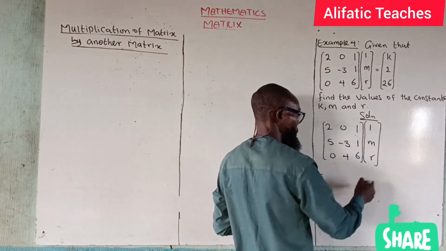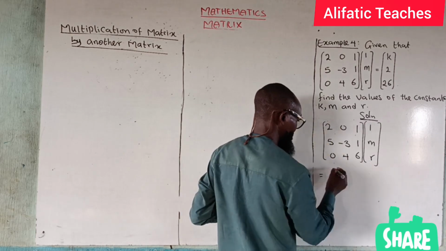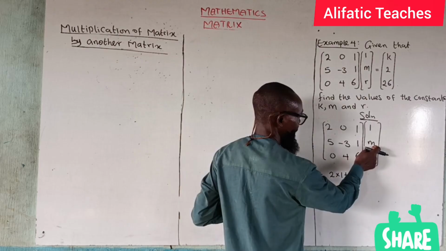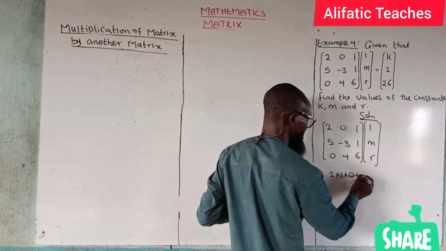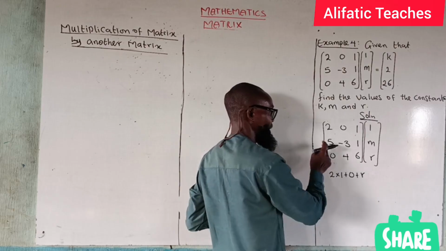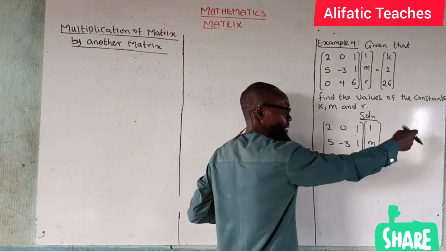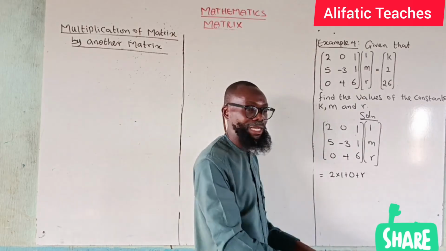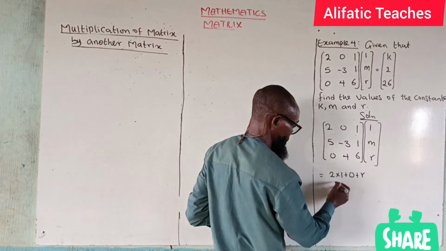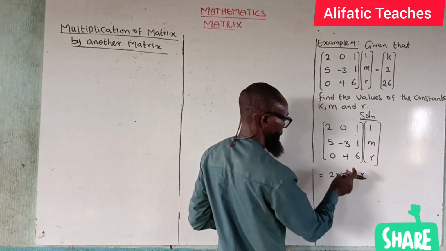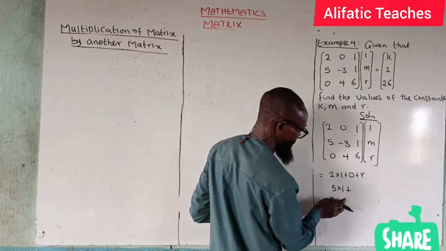First row, first column only. 2 times 1 plus 0 times m, 0, plus 1 times r. Then there's no more column over there. Then move on to the second row. Second, we also multiply that column. 5 times 1, let me do it directly.